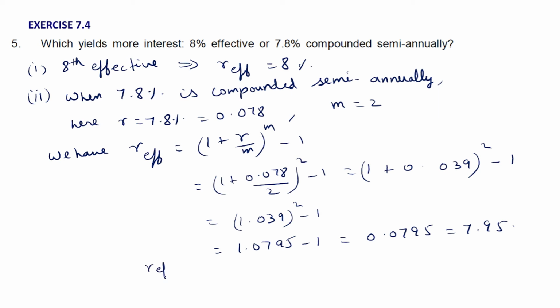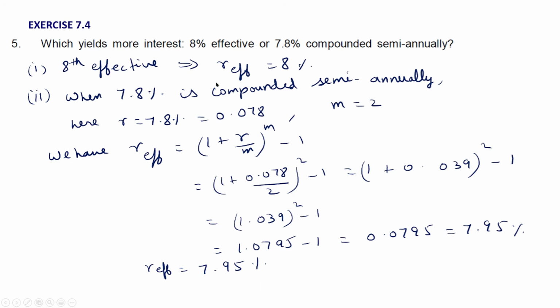So here R effective is equal to 7.95%. So here we can see that for 8% effective, the effective interest rate is 8% itself, and when 7.8% is compounded semi-annually, we get the effective interest rate as 7.95%.